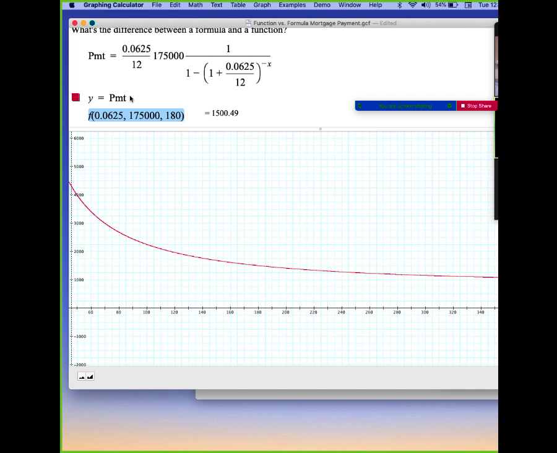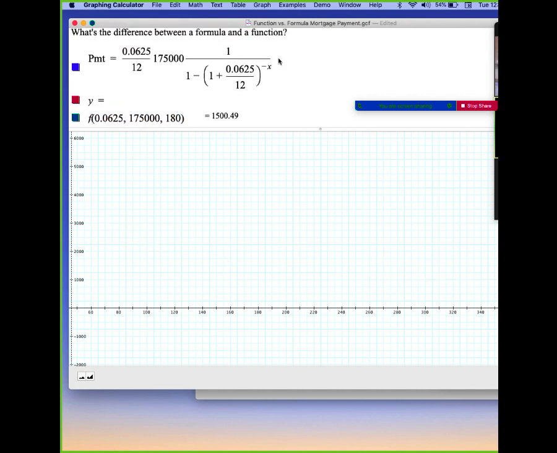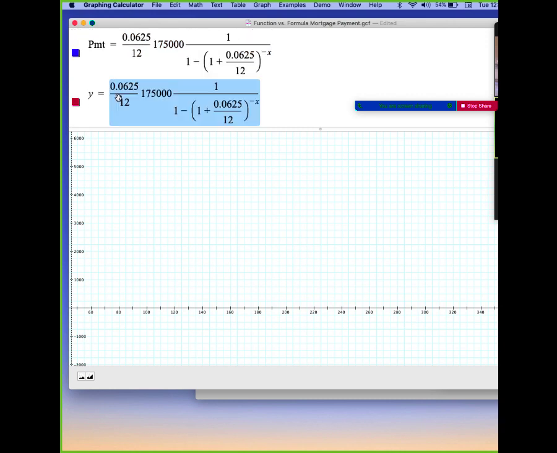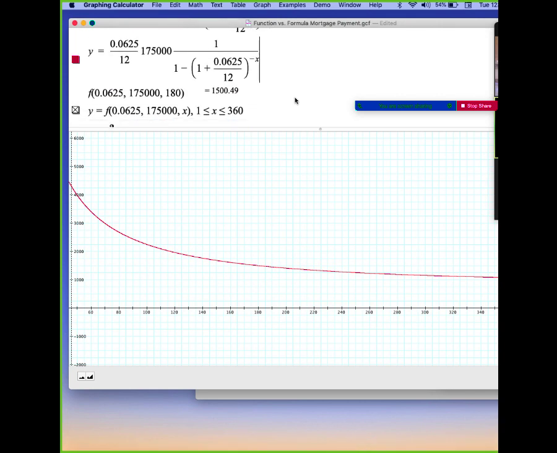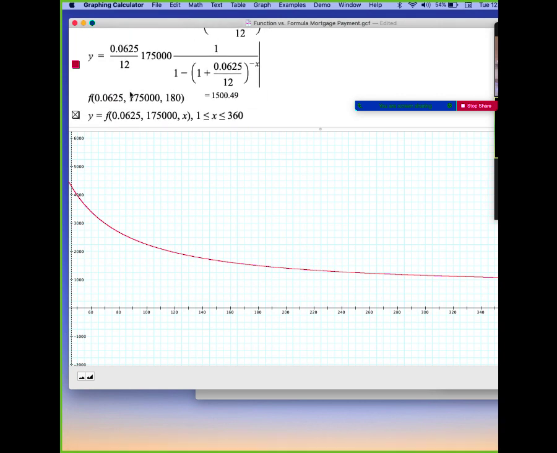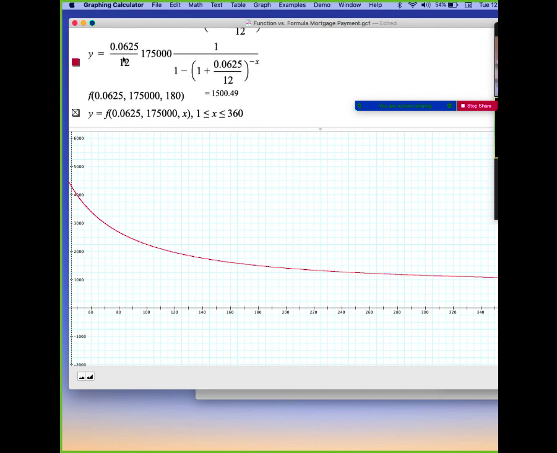Or you'd have to do y equals this whole thing. And that's actually a little bit better. But the reason I'm showing this is because it's not as convenient as function notation, right?